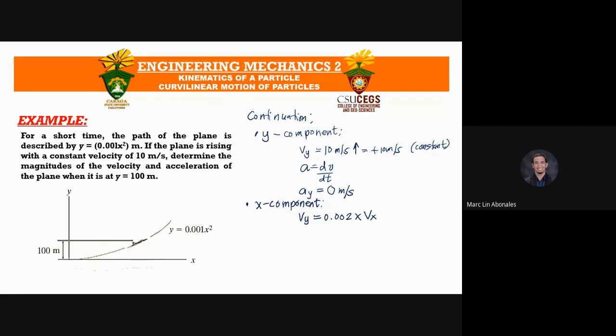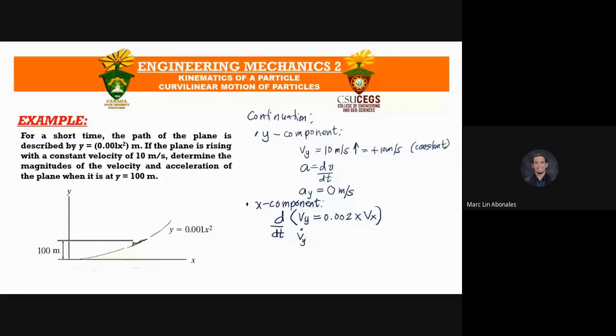And for this one, the same as what we did earlier, we differentiate with respect to time. So the derivative of Vy with respect to time is ay, or that would be Vy dot.